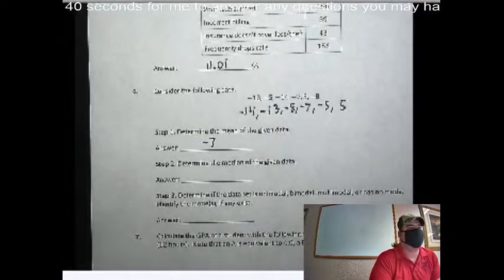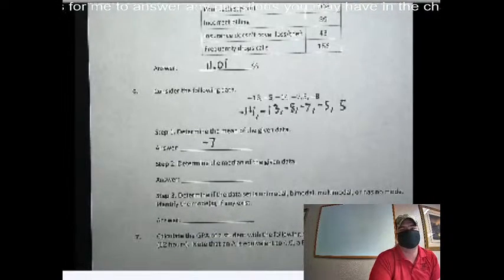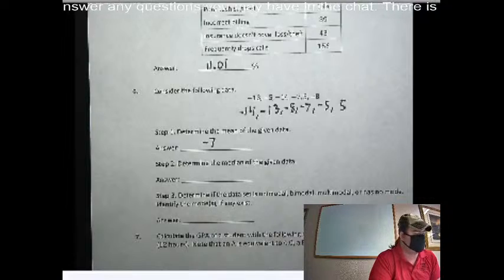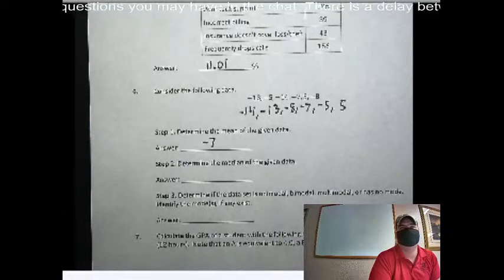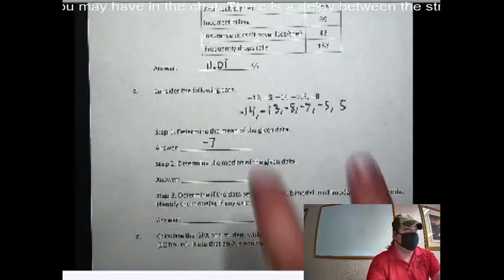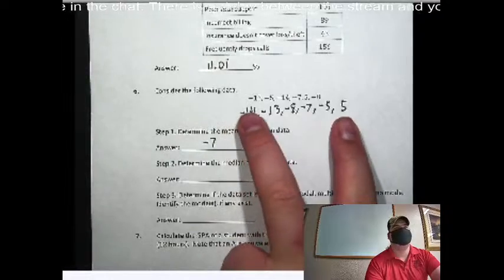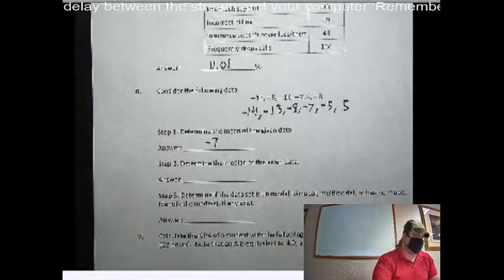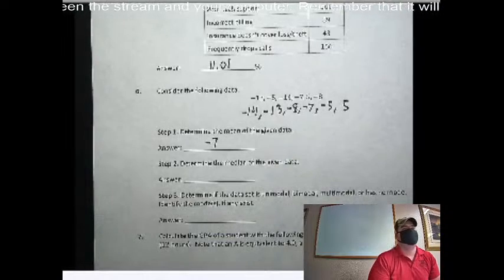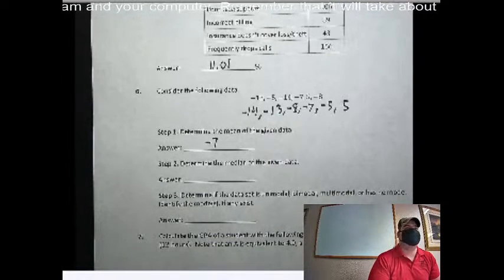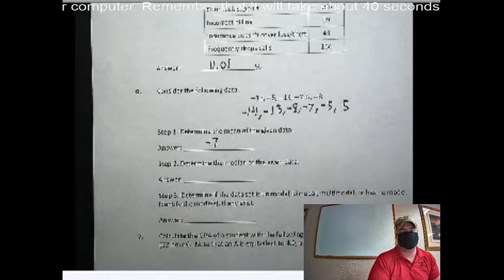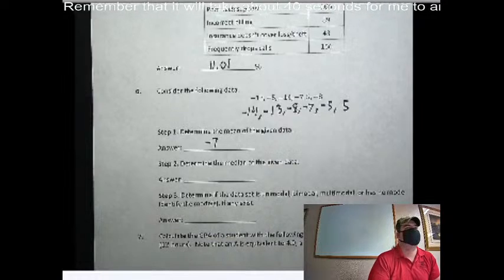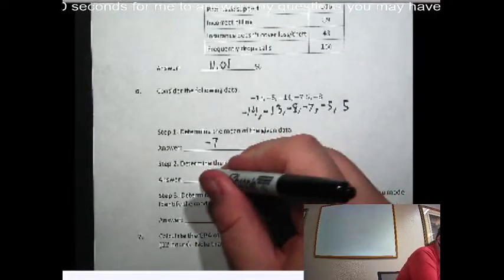Okay, how about our median? Okay, well, we need to find the middle number, so we count in here, and we have two numbers in the middle, -8 and -7. So what's directly between -8 and -7? Yeah, -7.5.